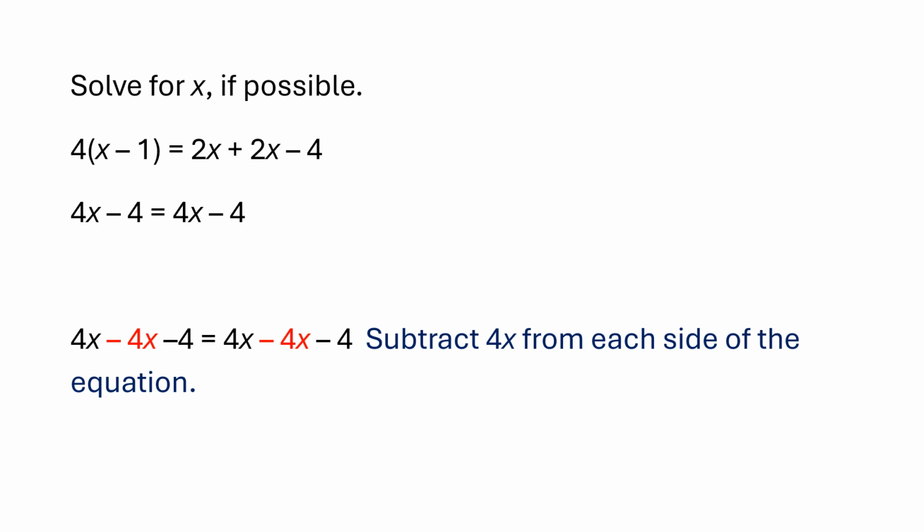Well, we have 4x minus 4 on each side of the equation. If you are clever and look there, you realize that both sides are alike, and you can stop and say all real numbers are solutions.